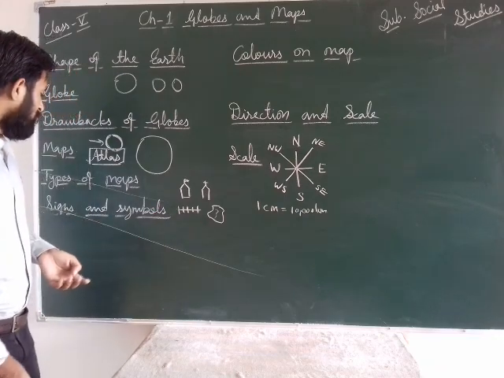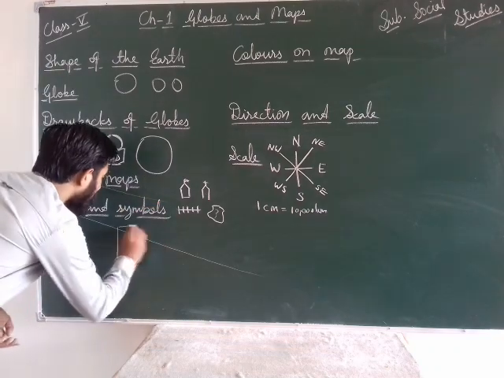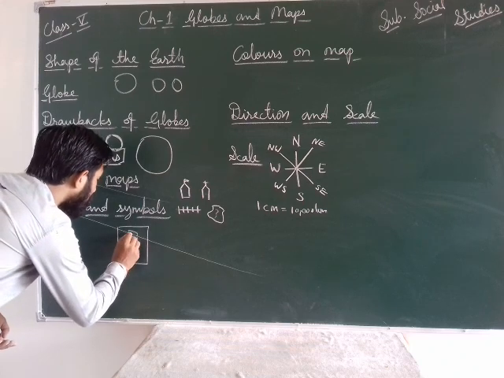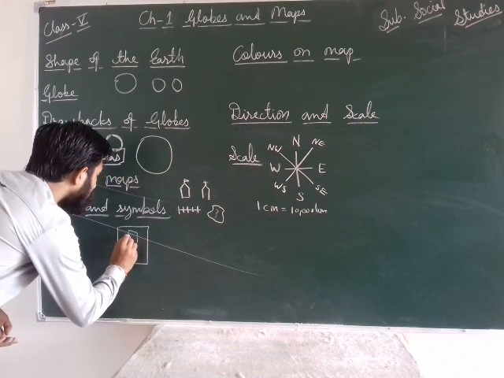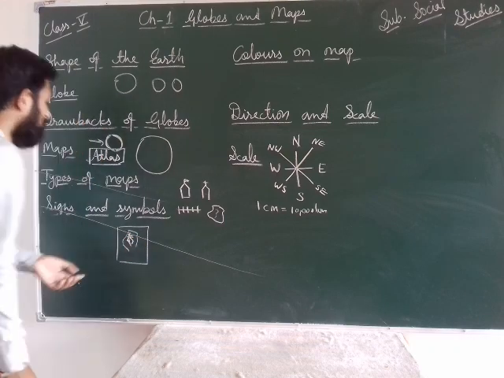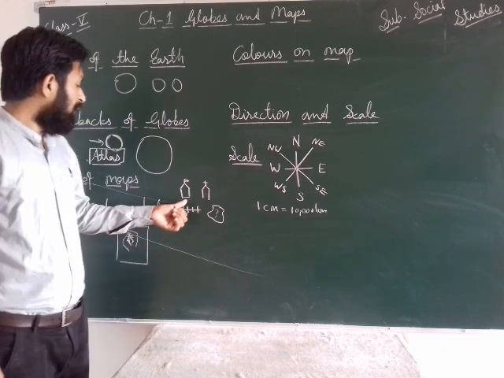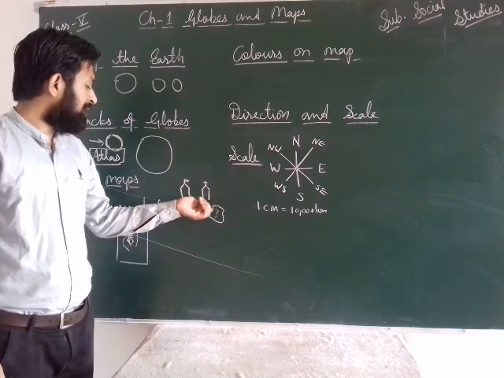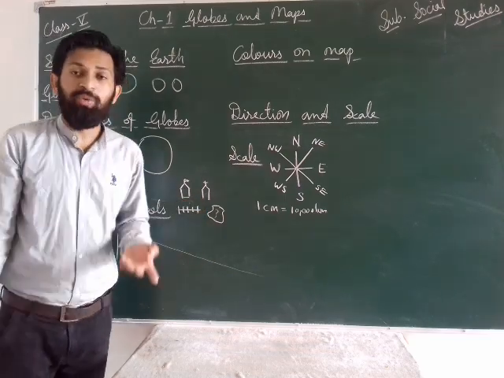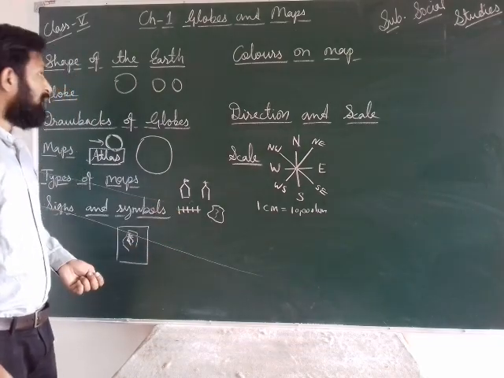Because if the map is here and I am going to show that here is a church, then it uses too much area, and because of that it's not easy to represent that on the map, so we are using only symbols. Because of that it is easy to understand, like railway lines, temples, churches, water bodies, and many more things like schools, and many things we can easily represent on the maps.